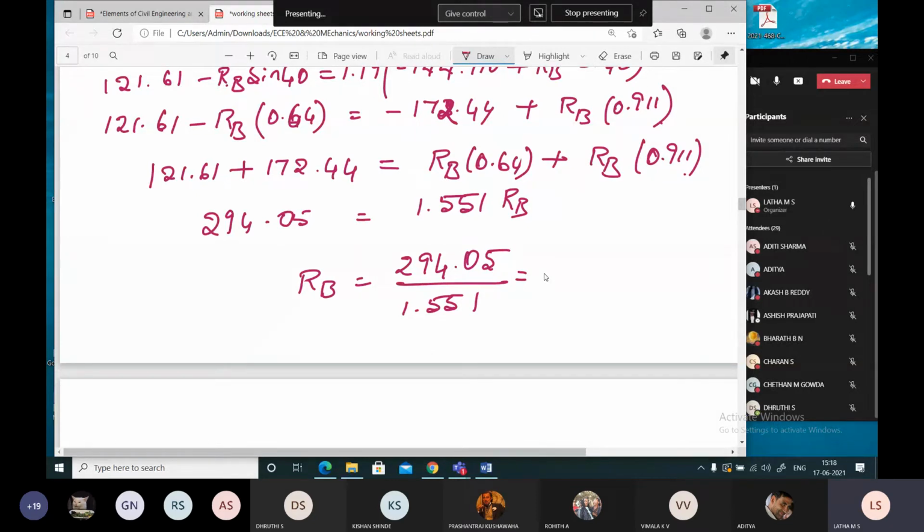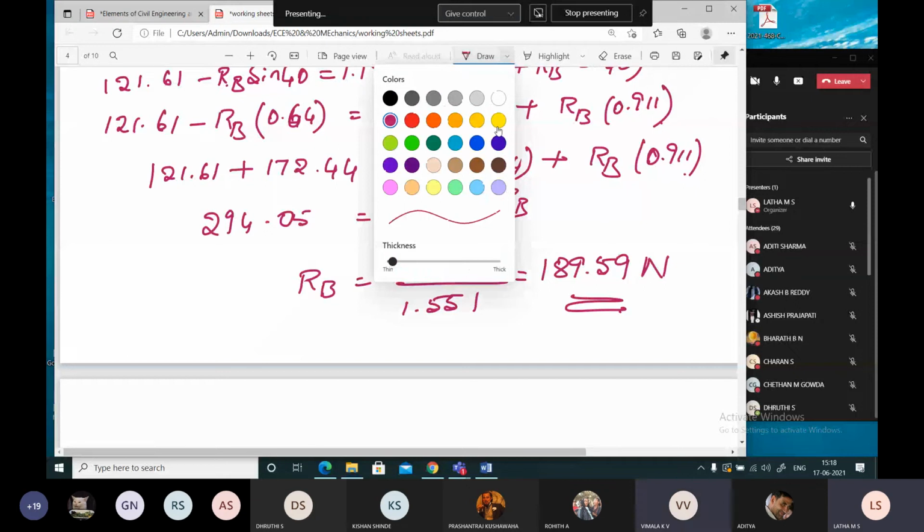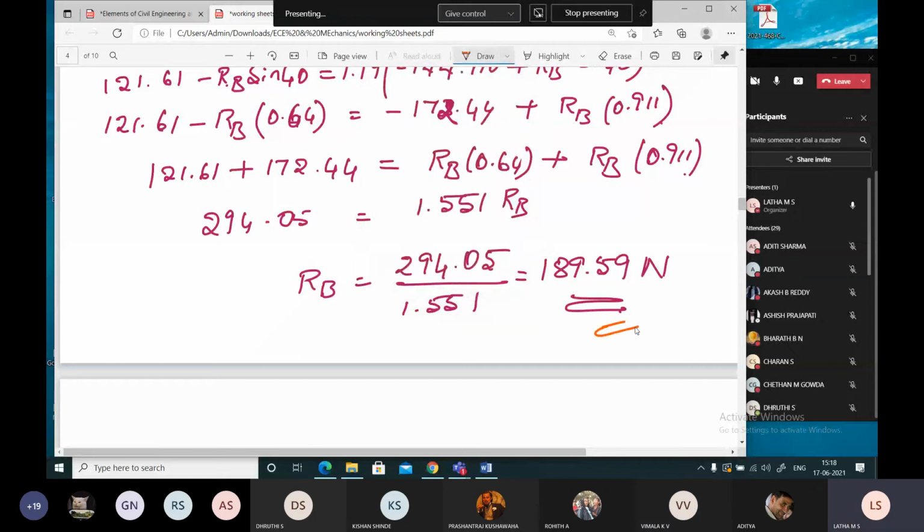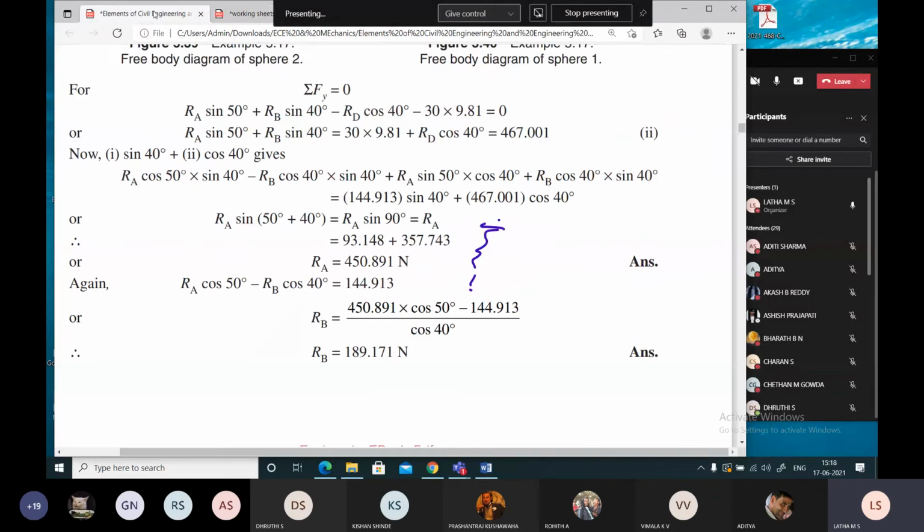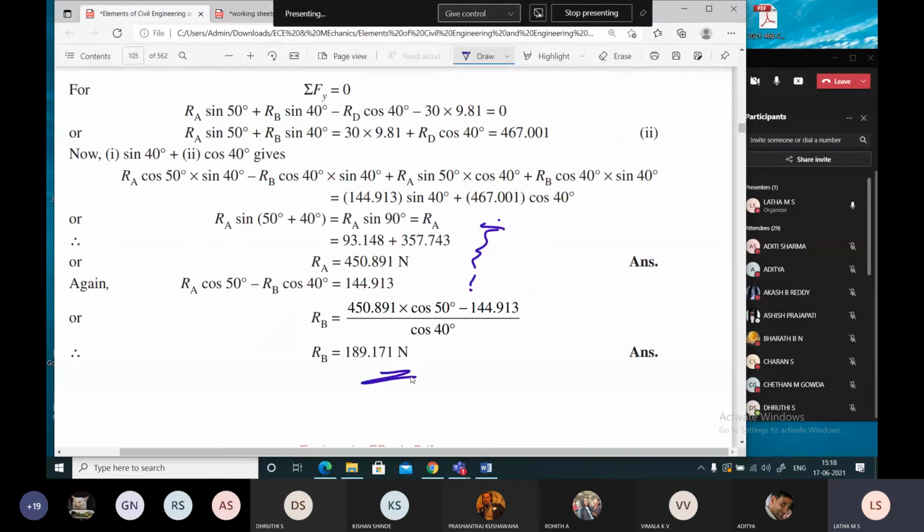I am also calculating here, 189.59. You are getting the same answer? Yes, ma'am. So let me check here. What is RB here? Yes, it's the same answer.